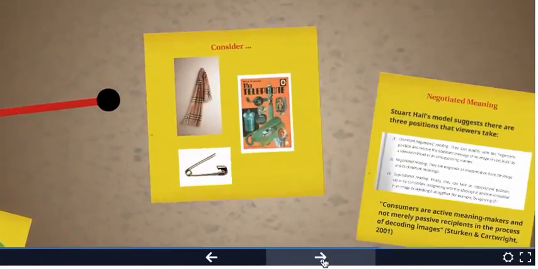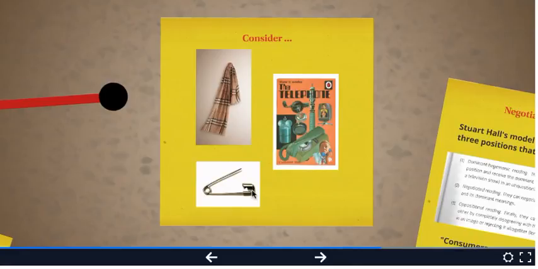And what I'd like us to consider, we're going to look at the safety pin, just for doing this as a video. So the safety pin, it's a practical item, but punk took the safety pin and made it into an emblem of rebellion. So we've got this very practical item, probably traditionally associated with traditional ideas of femininity, of sewing, of being neat and tidy, and that's appropriated by the punk movement.